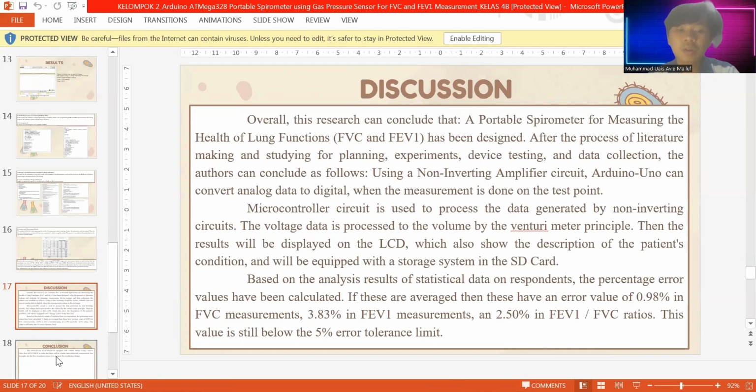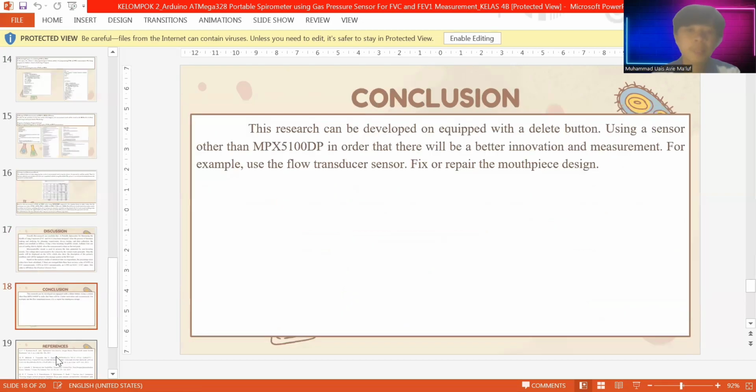Based on the analysis of statistical data on respondents, the percentage errors have been calculated. On average, the error values are 0.98% in FVC measurement, 3.83% in FEV1 measurement, and 2.50% in FEV1/FVC ratio. This is still below the 5% error tolerance limit.